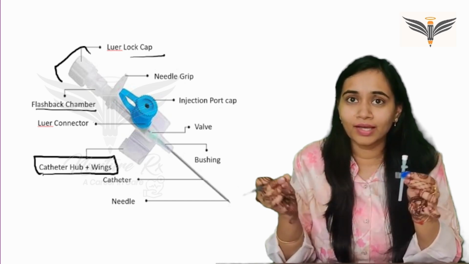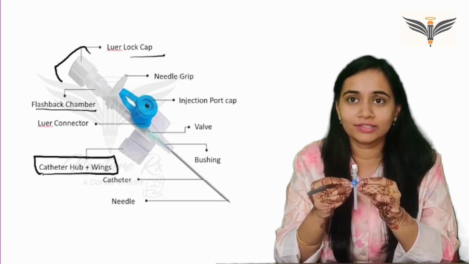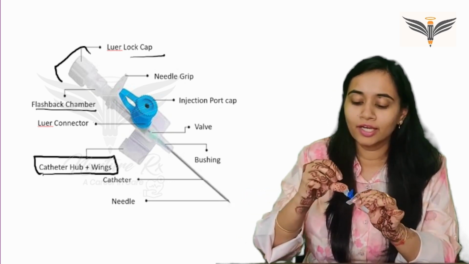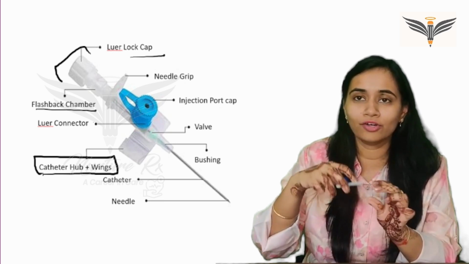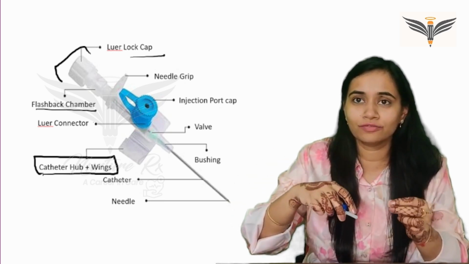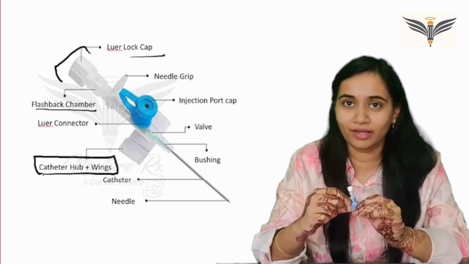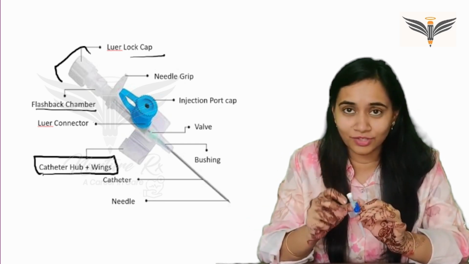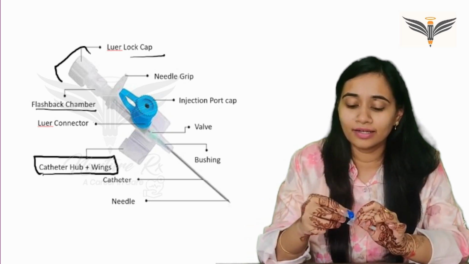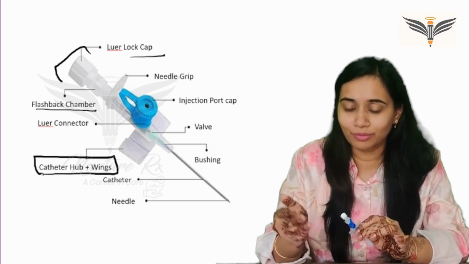These flare outside from the body. Whenever you're holding a cannula, how will you hold it? You have your thumb here and your fingers here, so the process of insertion becomes easier. This is ergonomic, that's the word for it. When you're inserting the cannula, it becomes easy to hold it and insert it properly.